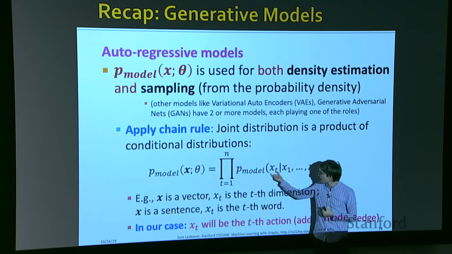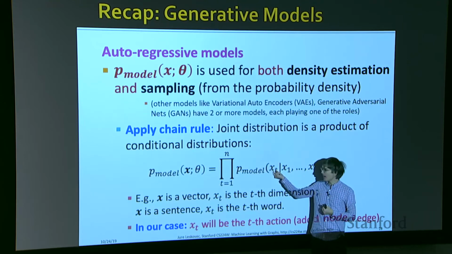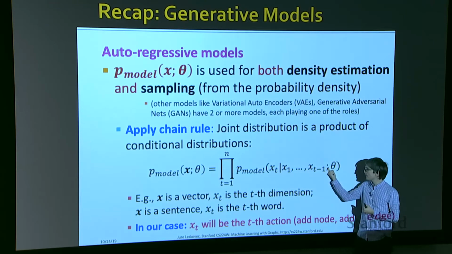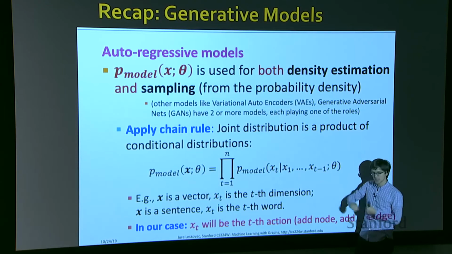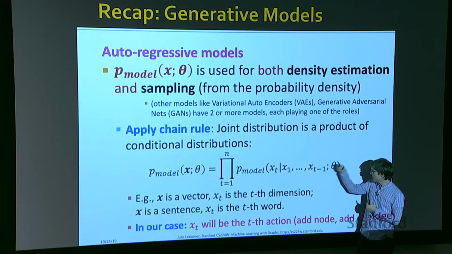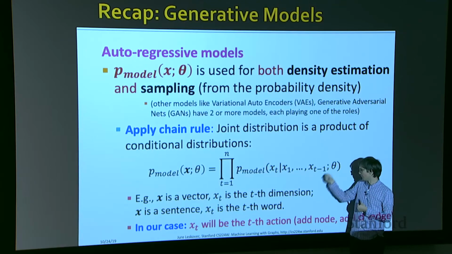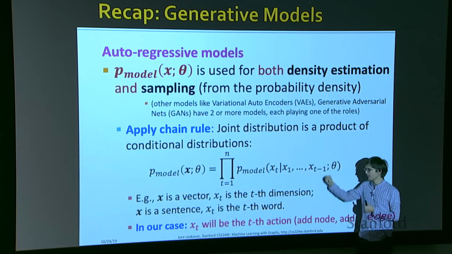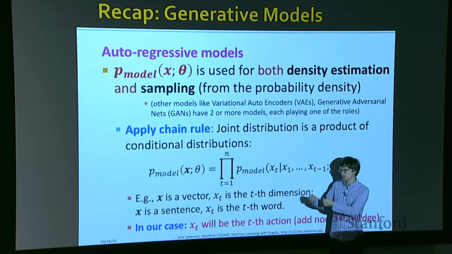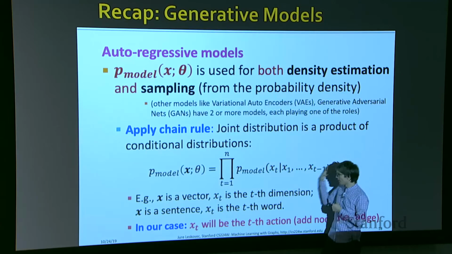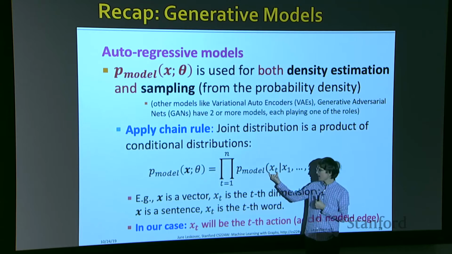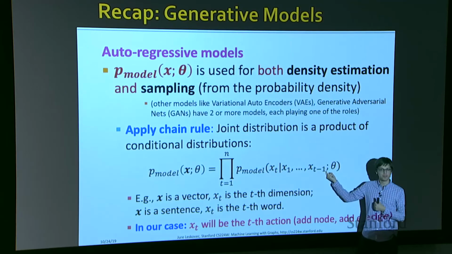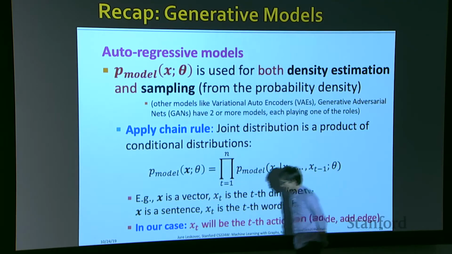Where I say the action at time t depends on everything I have done so far. So first is the probability of the first action, times the probability of the second action given the first one, and then given the first 2, the first 3, the first 4, and so forth. So essentially what I'm saying is every next action depends on all the previous ones, okay?